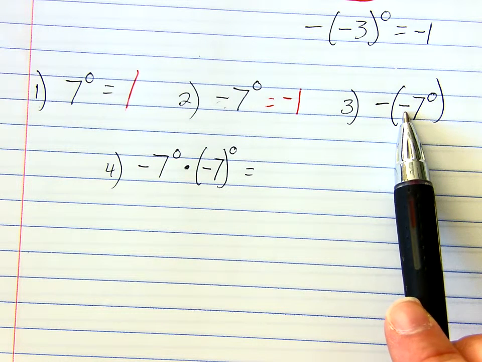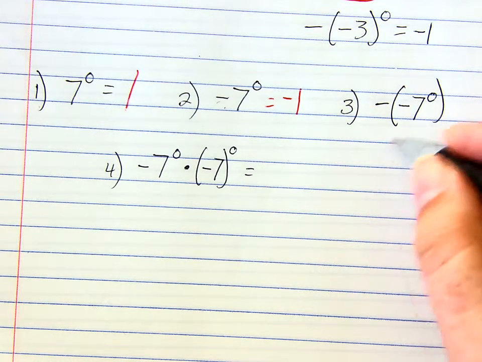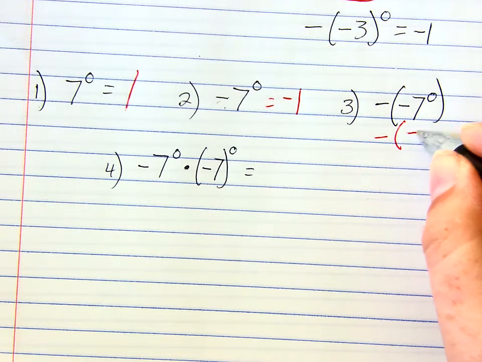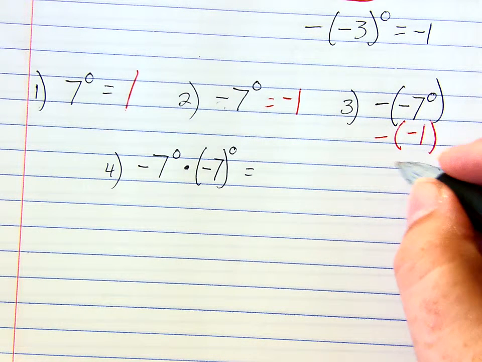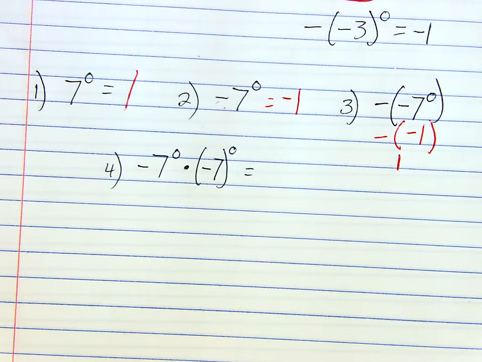And then this means -1. So what I now have inside the parentheses is going to reduce to -1. Now, the opposite of -1 is +1. So your final answer for number 3 is in fact a +1.